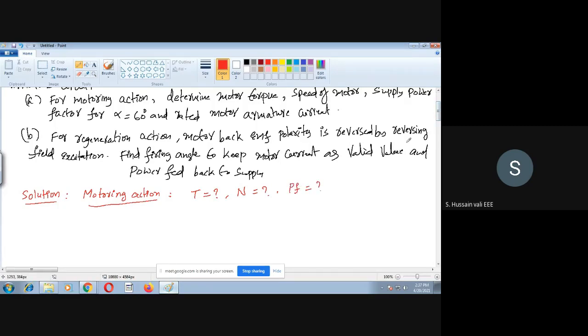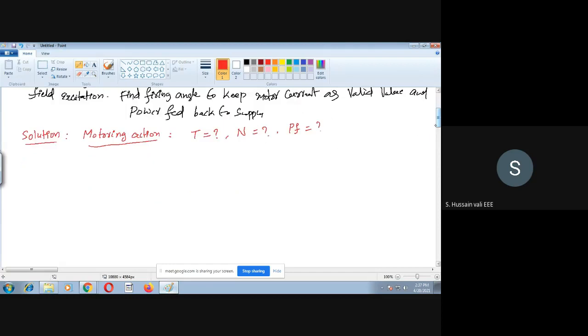First of all, what is this problem? It is a single phase, fully controlled converter fed motor.